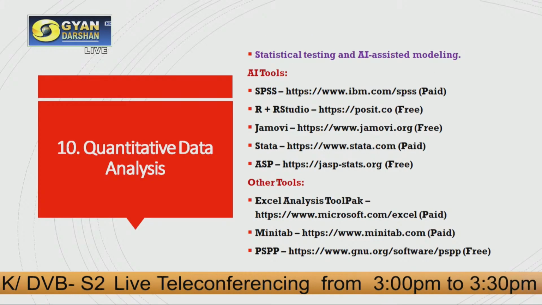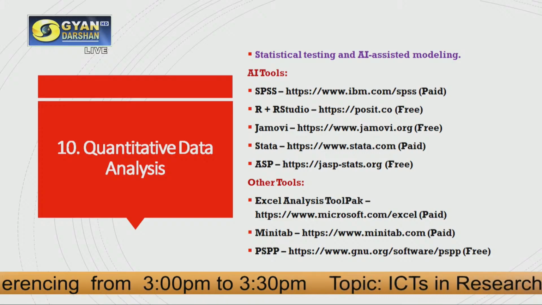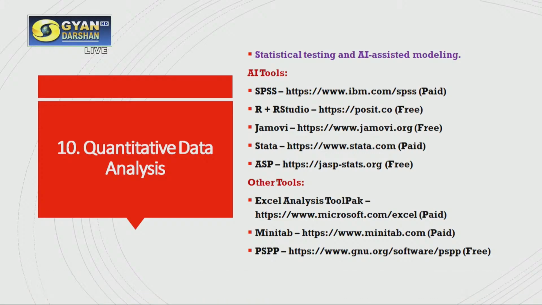Quantitative is not something very new, but we have to understand that there are various tools. Some are in the paid category, some in the free category. SPSS is very popular that way, a tool for doing the analysis. You can do almost the entire statistics using SPSS. Even this is also possible in Excel sheets.